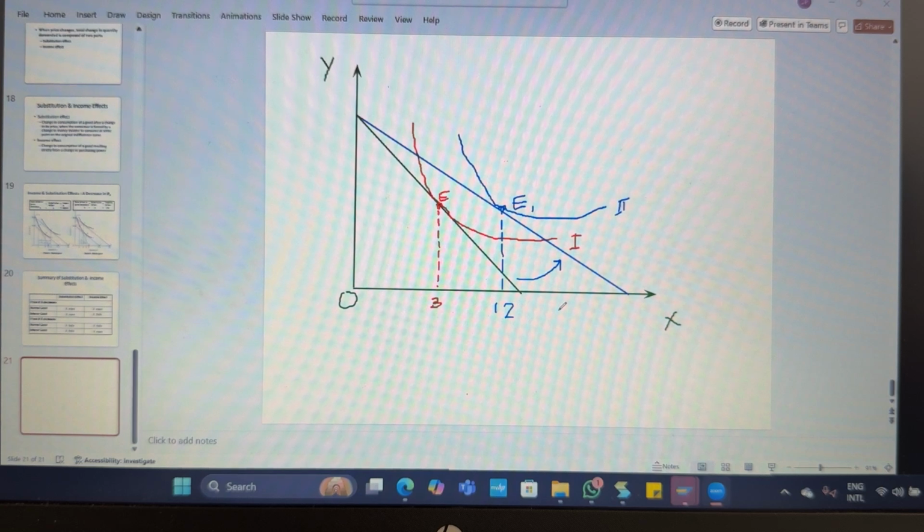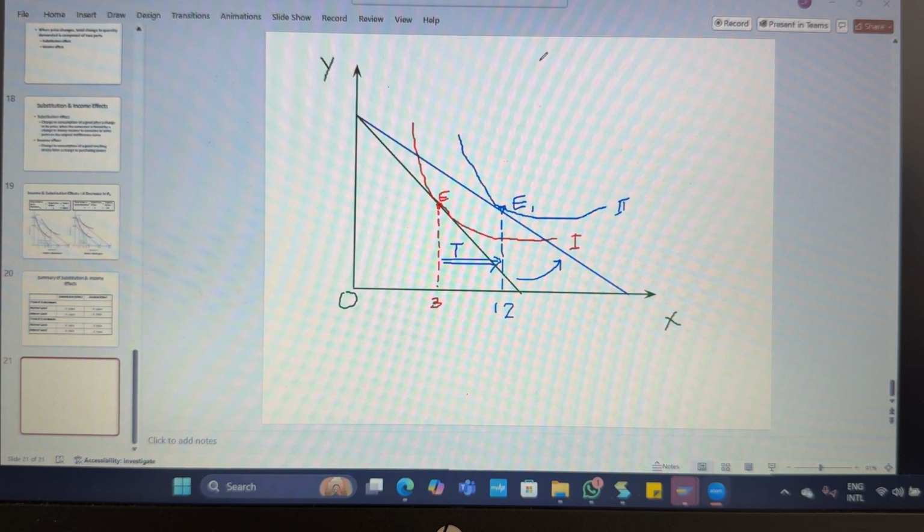Finished? Yes. Okay. Now, after this price of X decline, demand has gone up by how many units? Demand increased from 3 to 12, by 9 units. We call this T, the total effect.